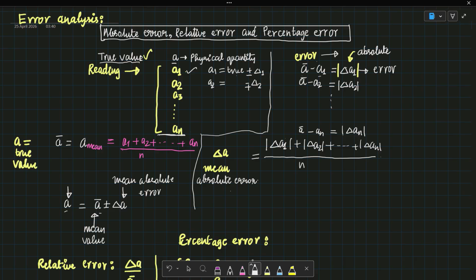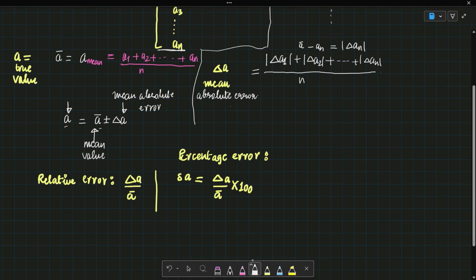And now in the question, if it is asked what is the relative error, a relative error is always defined as mean absolute error divided by mean value or true value. And if you are asked to report the value as percentage error, then we multiply the relative error by 100 and we get the percentage error.